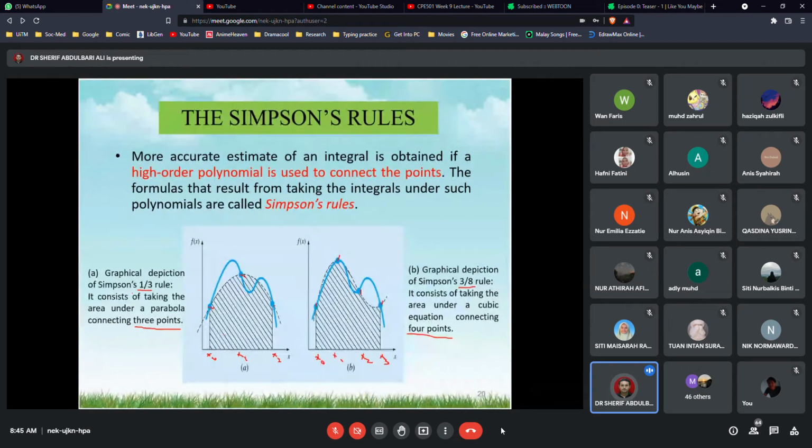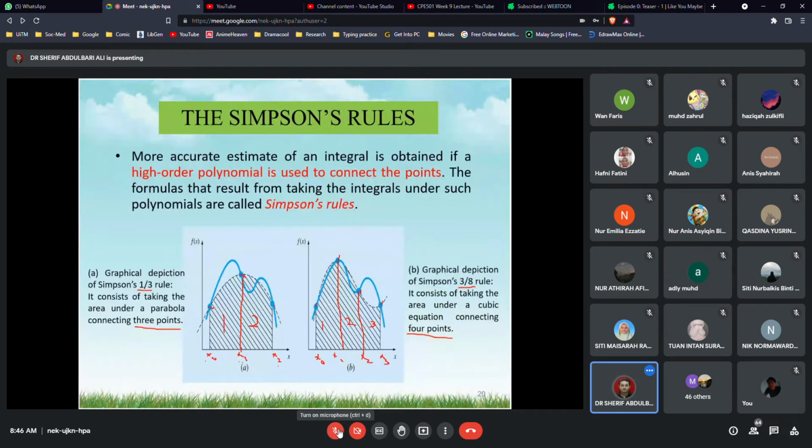If I'm having the 1/3 rule, how many segments do I have? From x0 to x1 is your first segment, and from x1 to x2 is your second segment. For the 3/8 rule, how many segments do I have? This is your first segment, this is your second, and this is your third.